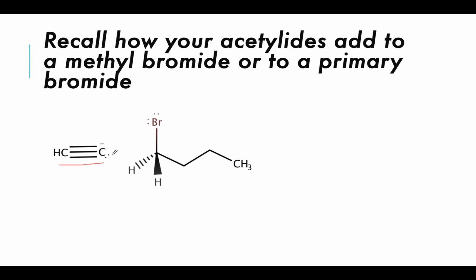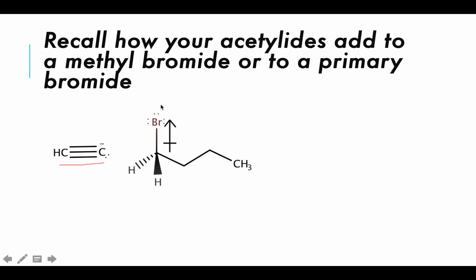And we've used that to attack either a methyl halide or a primary halide. In this case, this is 1-bromobutane. And I said that this negatively charged carbon is attracted to 1-bromobutane.